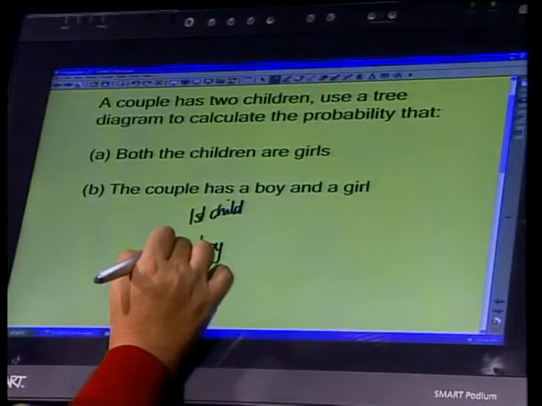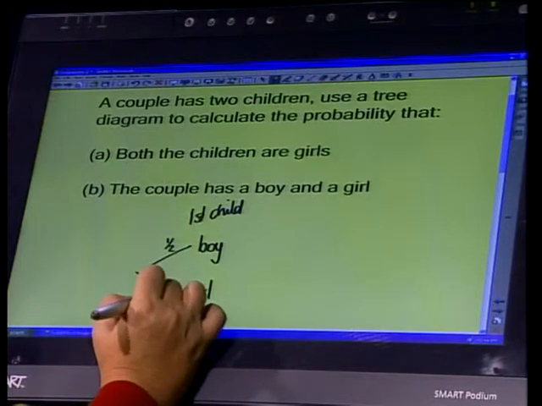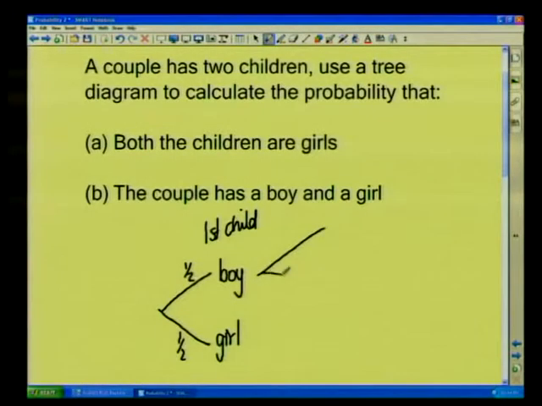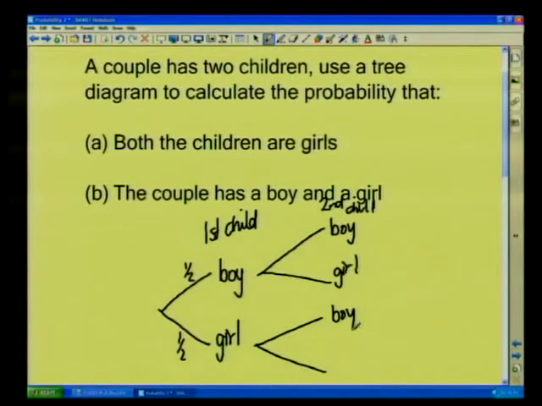Now the probability, generally speaking, is half a chance of getting a boy and half a chance of getting a girl. The second child, I still have the same choices: a boy or a girl.